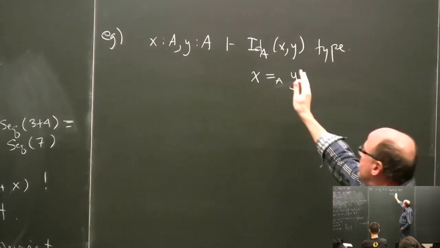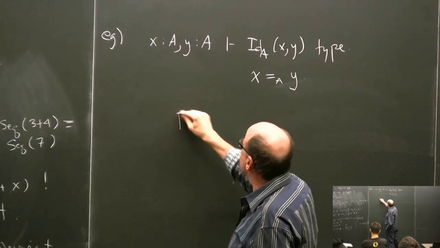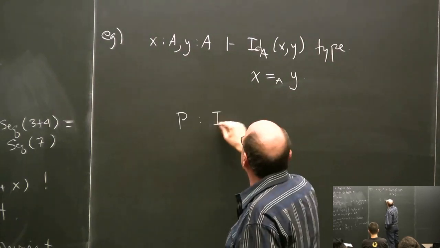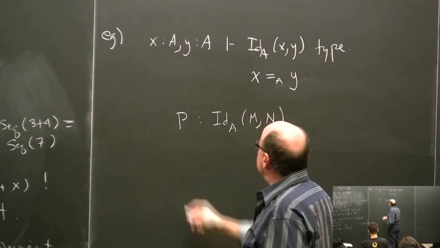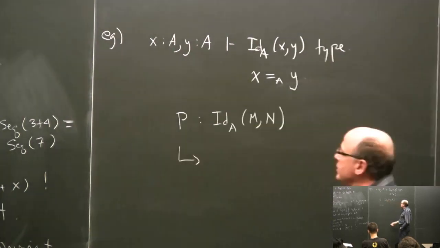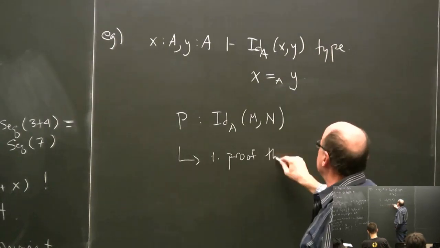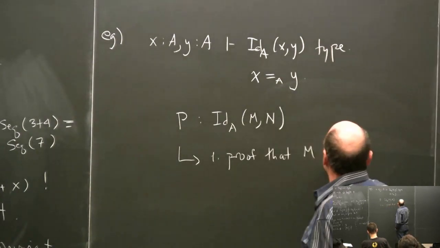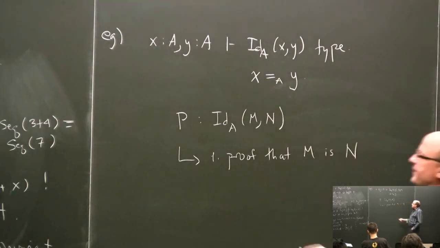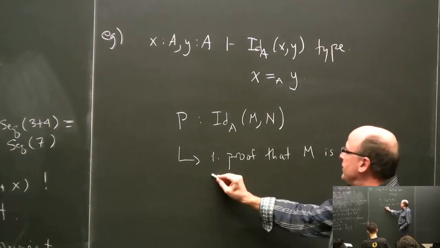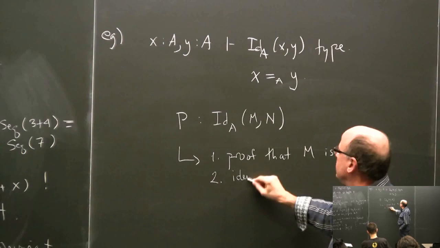So the thing about them is that you have the notion of a term p, to stand for proof, which can be thought of, and you can use various words for this, as a proof that m is equal to n. Okay, we'll just leave it like that for the time being. That is certainly one way to think about it. Another way to think about it is that it's an identification.